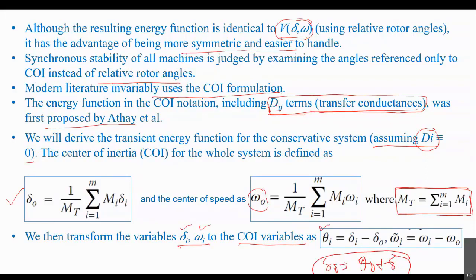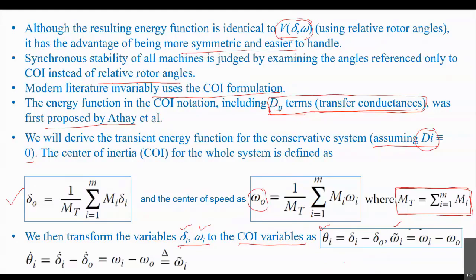Similarly, omega i tilde, I can write as omega i minus omega naught. Now by substituting theta i, I can write theta i dot equal to delta i dot minus delta naught dot, that is equal to omega i minus omega naught, which is nothing but omega i tilde. Therefore theta i dot is equal to omega i tilde.